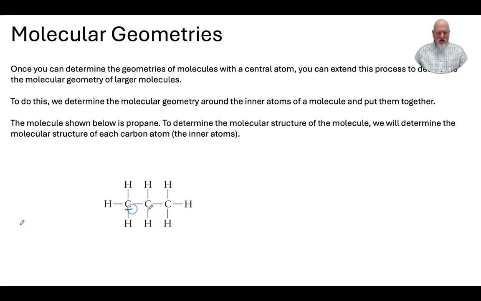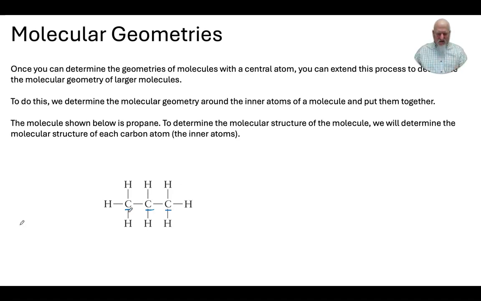Inner means they're the ones that are bonded to more than one thing. The hydrogens here are called terminal. They're only bonded to the one thing and that's it. So they terminate a bond. They terminate the molecule.